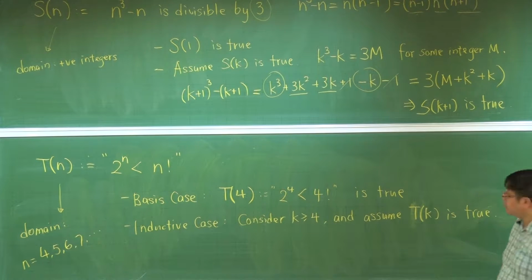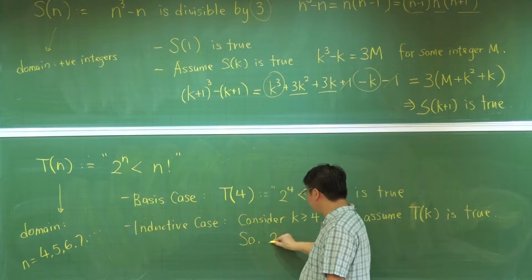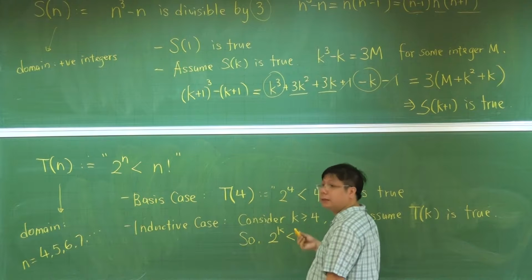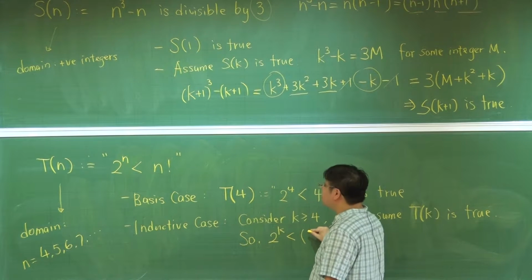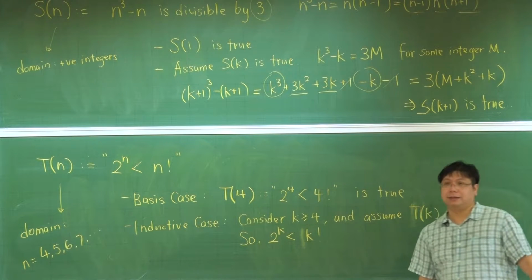If we assume that Tk is true, then we will have 2 to the power k is less than k factorial. Is that okay?